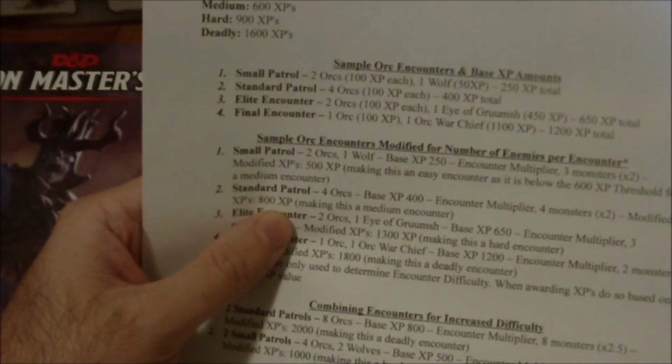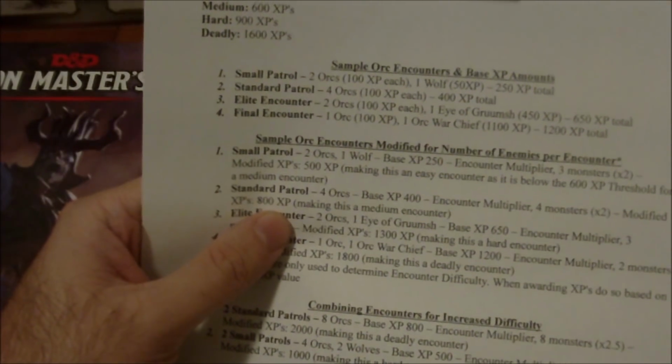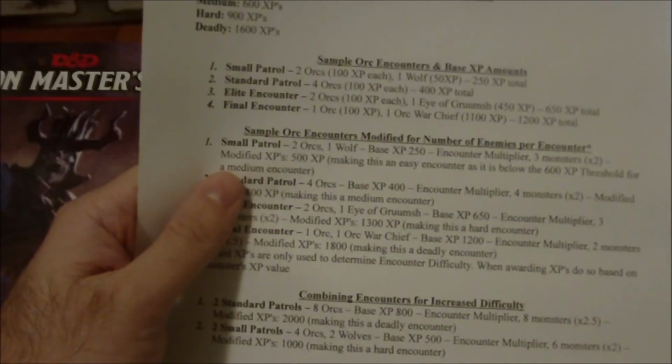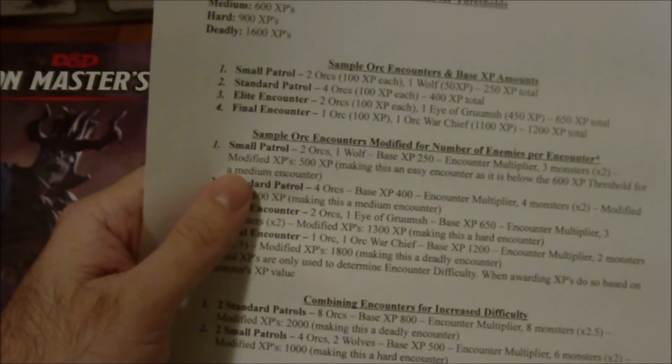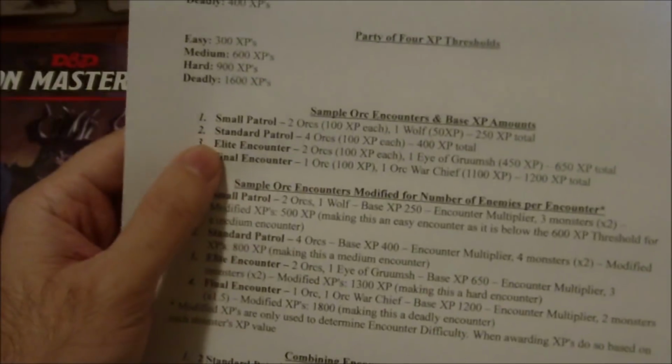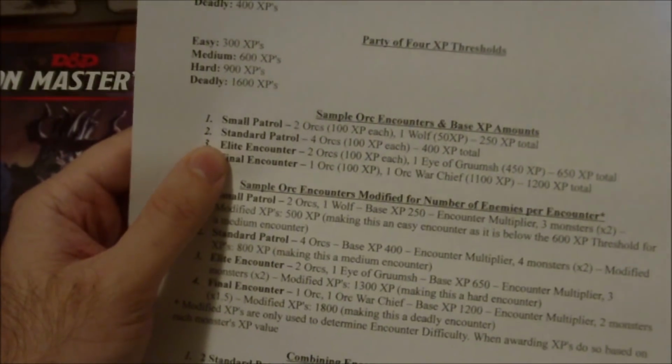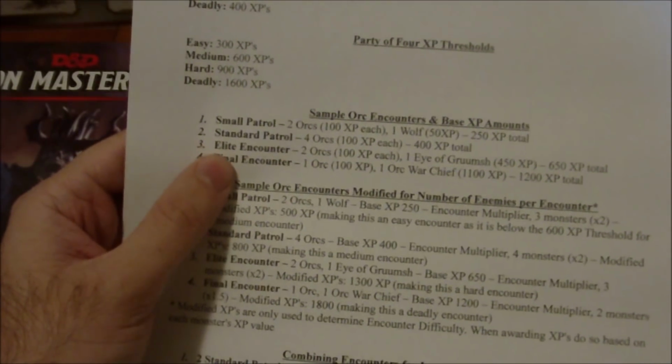And then we have our modified experience to just determine what the difficulty is going to be for each of the encounters. Now, there are ways that you can also combine some of these encounters in order to create a more challenging encounter from them.